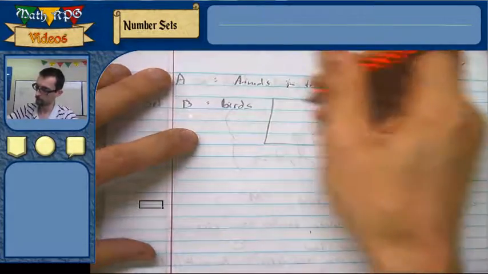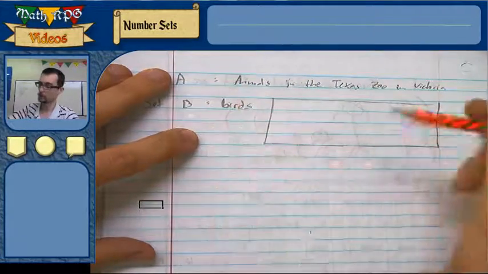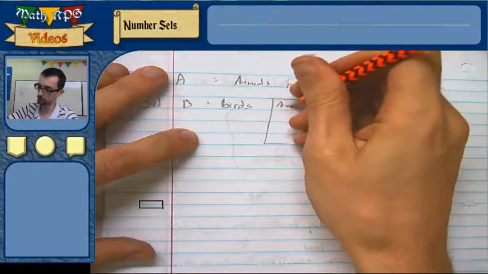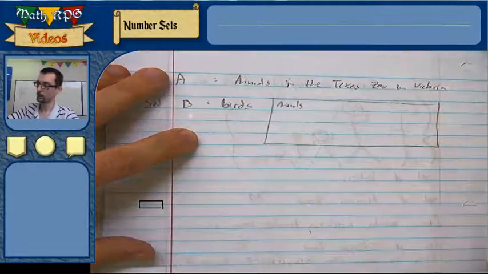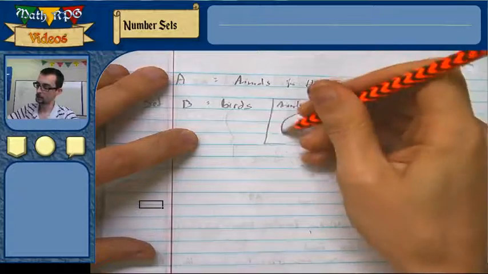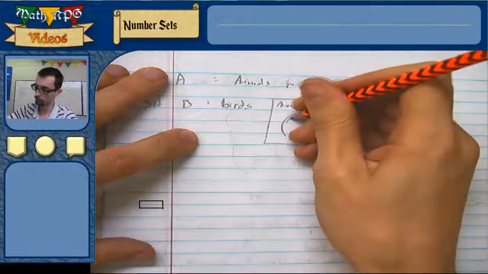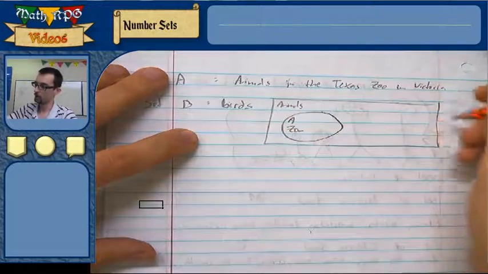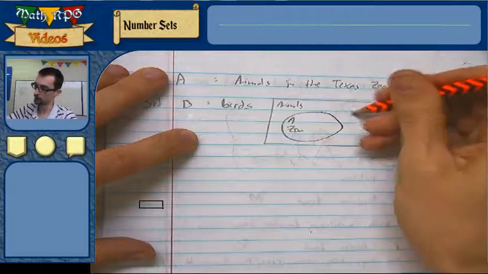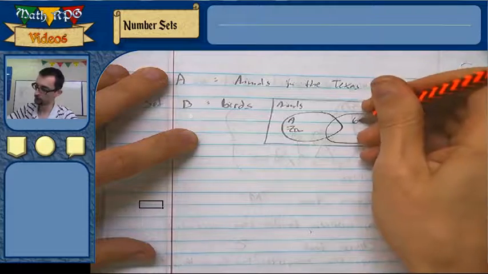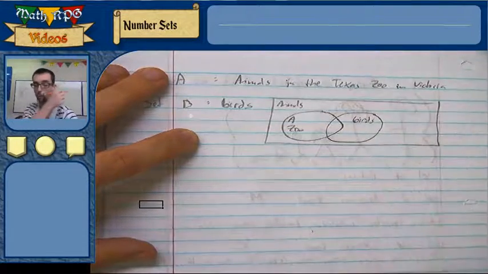What do they have in common? Well, these are animals and these are animals. So I could say this is all the animals in the world. And over here I have all the animals in the zoo, right? Set A is the zoo. Over here I have all the different animals that are birds, and then there's some that overlap, right?